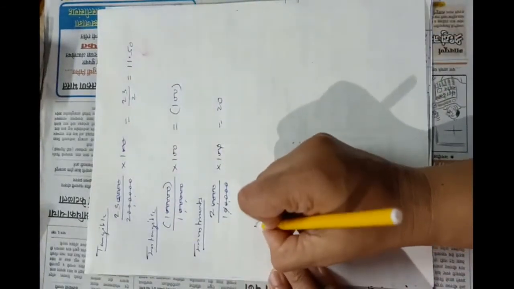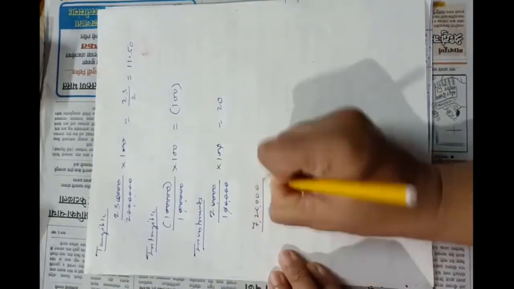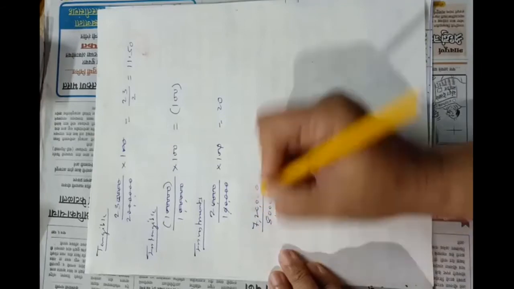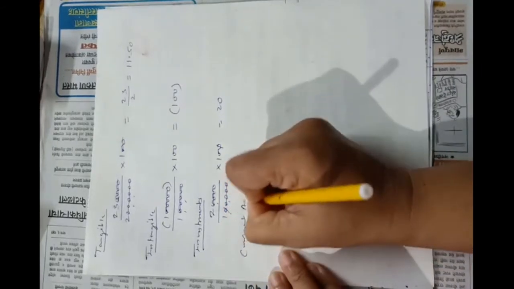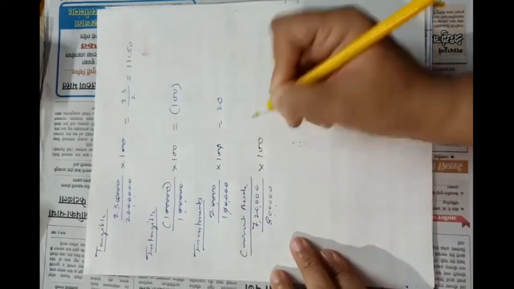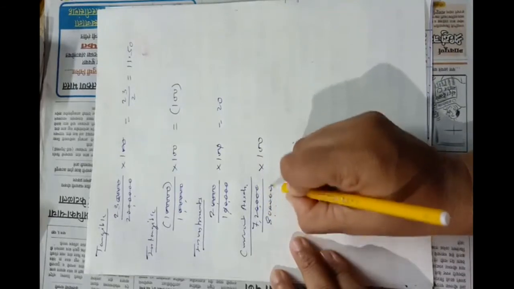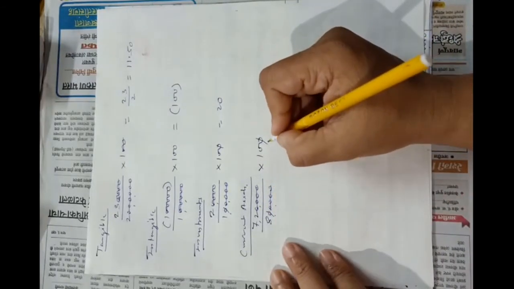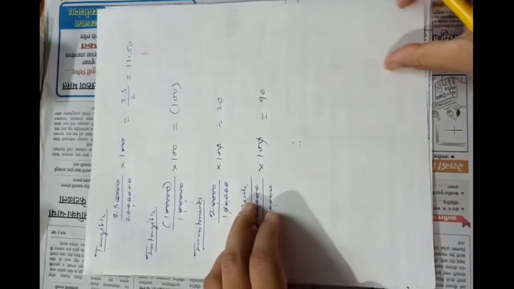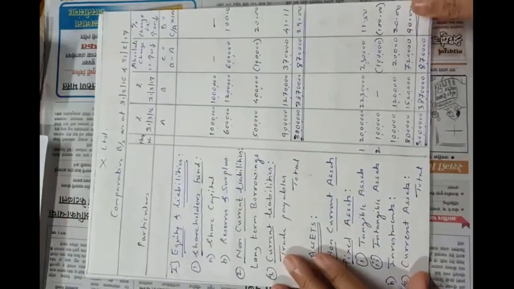Now current assets, 7,20,000 divided by 8 lakhs into 100. 4 zeros cancel against 4 zeros. So it will be 9. 9 into 10 will be 90. So 90%. 90.00. Understood?